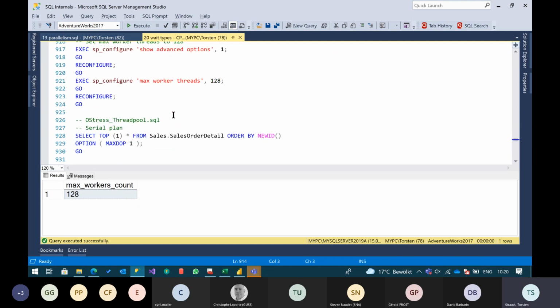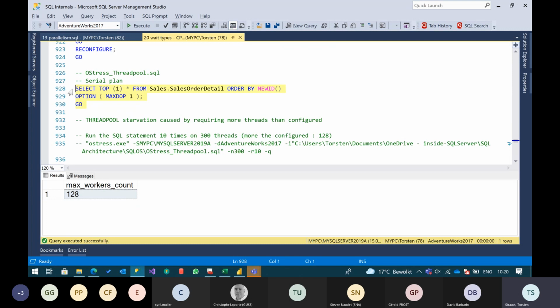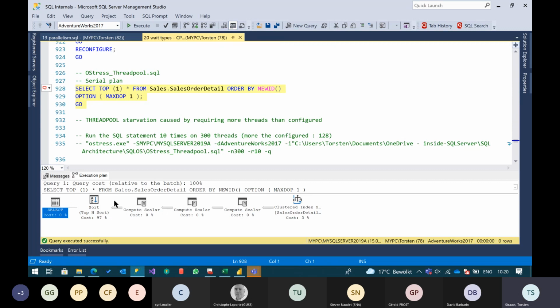So when I execute this query, this is a serial plan for sure, because I have an option MAXDOP 1.